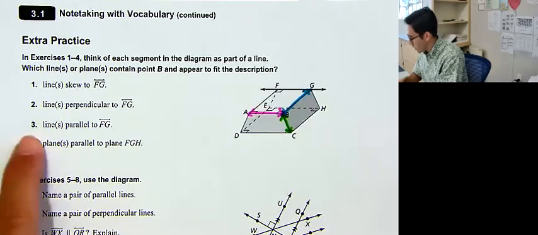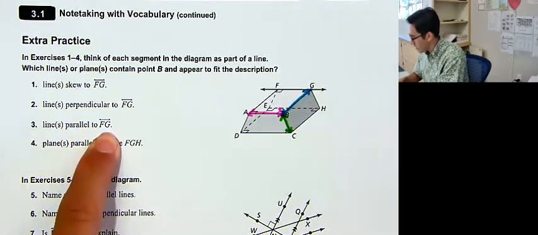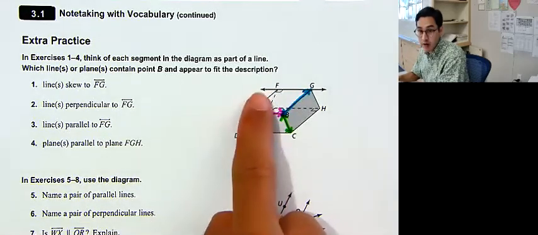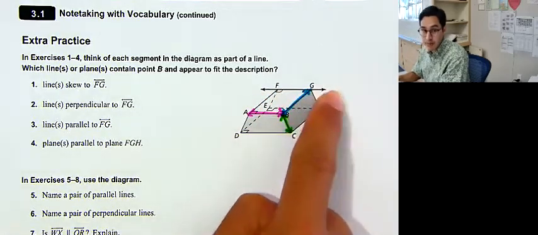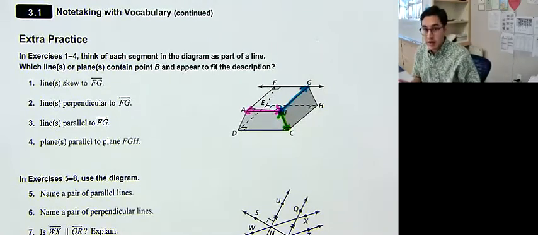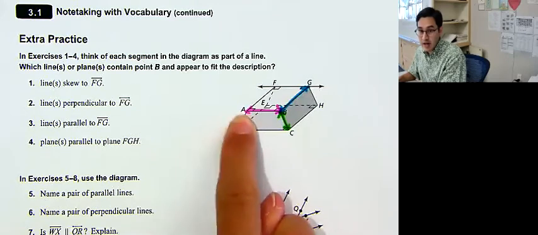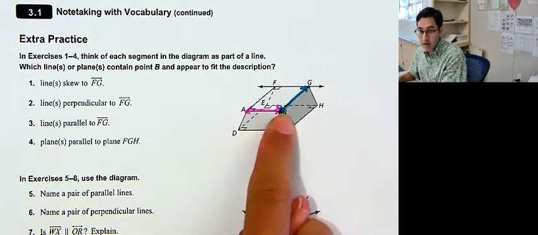Let's start with number 3, right? Which of the three colored lines is parallel to the line FG? FG is right here, it runs left to right. Parallel lines are lines that are in the same plane, on the same surface, and they don't intersect, they don't cross. We can see that the red line AB also goes left to right.